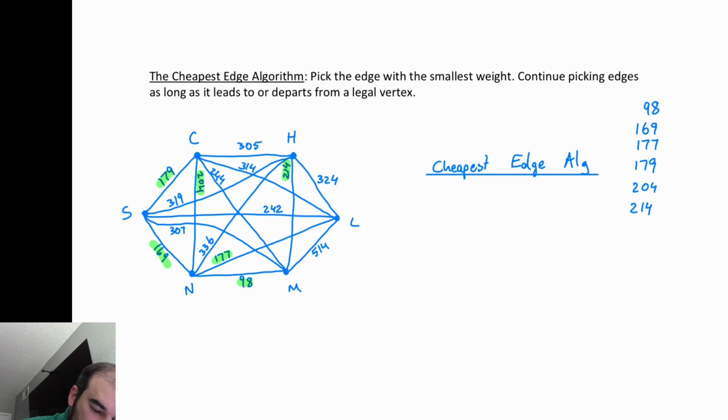214 and then I see a 242 and a 244. Those are the next cheapest ones, 242, 244. I guess we'll see when I'm done if I've missed any other ones. And then anything else in the 200s? No. In the 300s, we got the small ones are 305, 307.